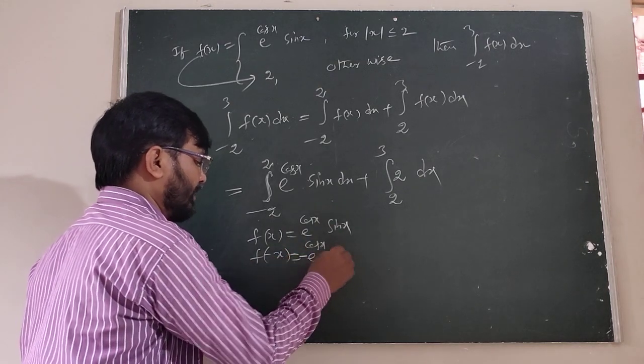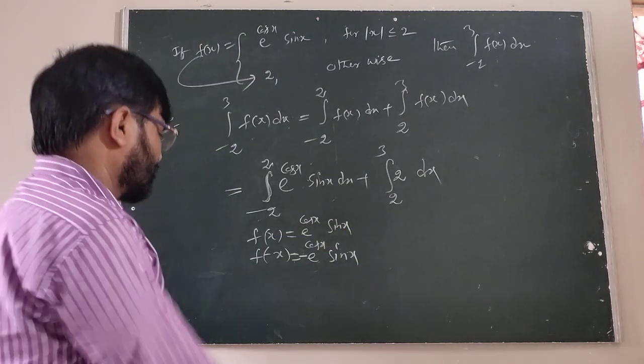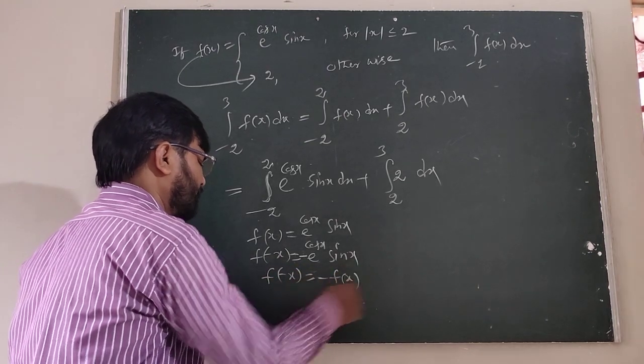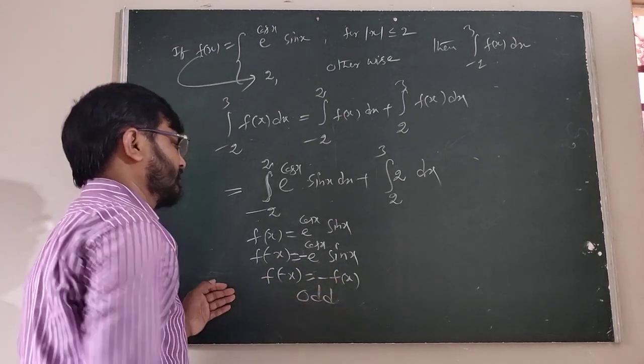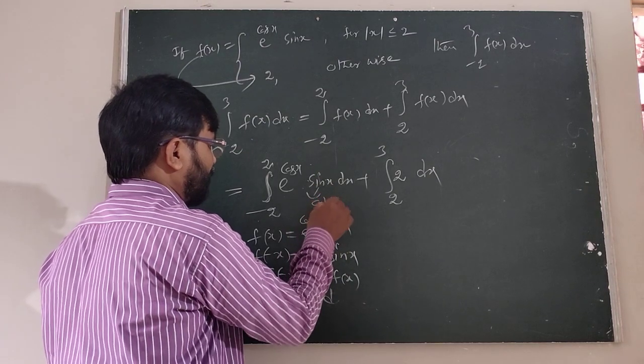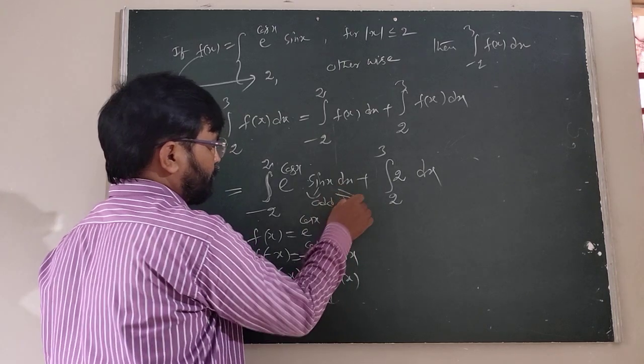So f of minus x equals minus of f of x. This is an odd function, and when it is an odd function, its integral is equal to 0.